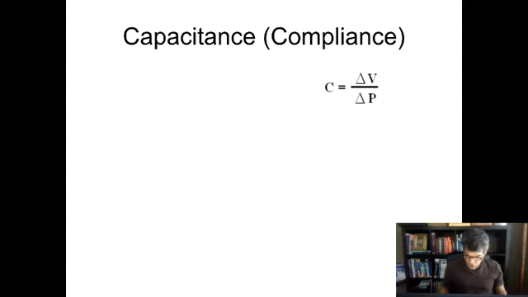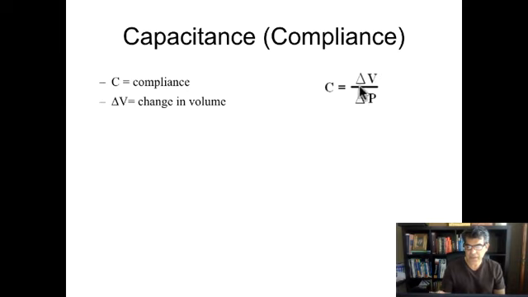The next term that you must understand is called capacitance or compliance. We're going to talk about this one in the respiratory system again, but you have to understand that capacitance or compliance basically means the amount of blood that a vessel can hold at any specific pressure. How much volume you can hold inside the vessel at any given pressure.